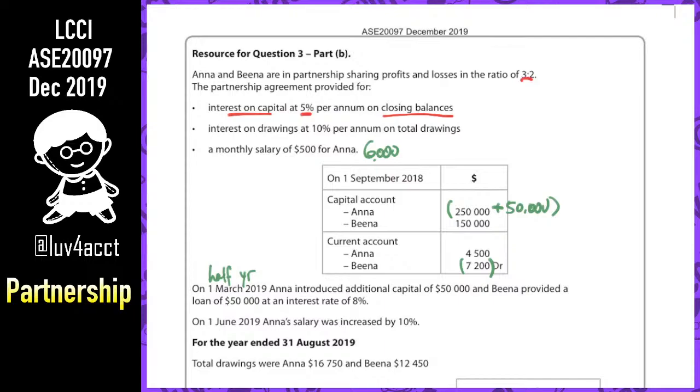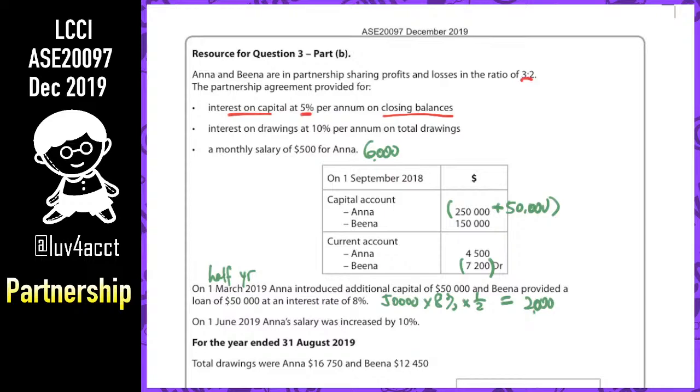Let us calculate the interest as well. So it is 50,000 multiplied by 8%, but remember it is only half year. 8% half year, so it will be 2,000, the interest.